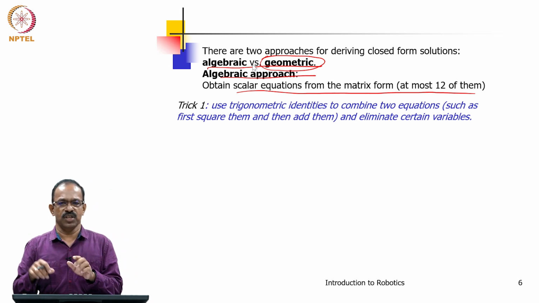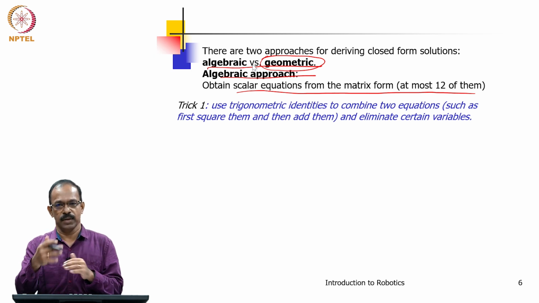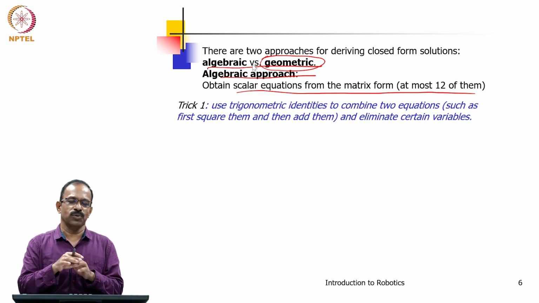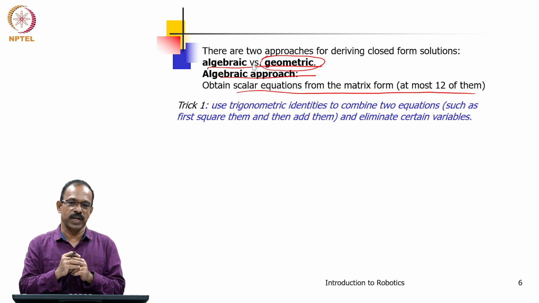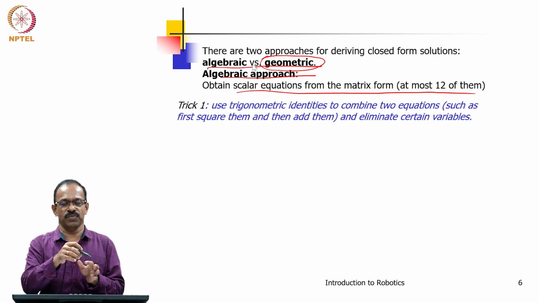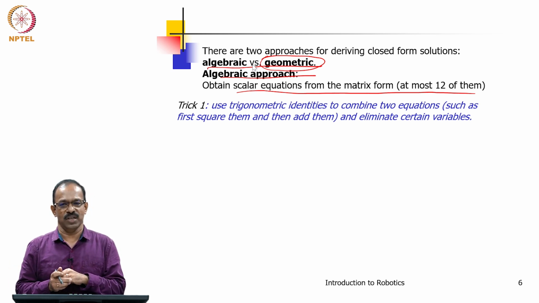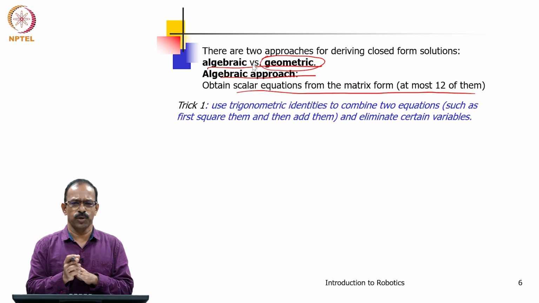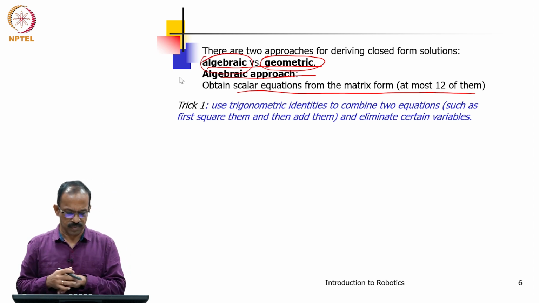You know the position and orientation to be reached, and you know the link lengths and other parameters. So, you try to geometrically construct the manipulator position and orientation to see what position of these joints will reach the required position, and then find out the corresponding joint angles. So, we will not be going to that part, we will be looking only at the algebraic approach.